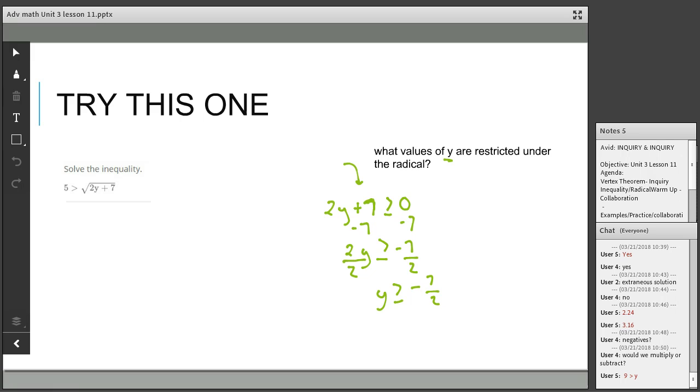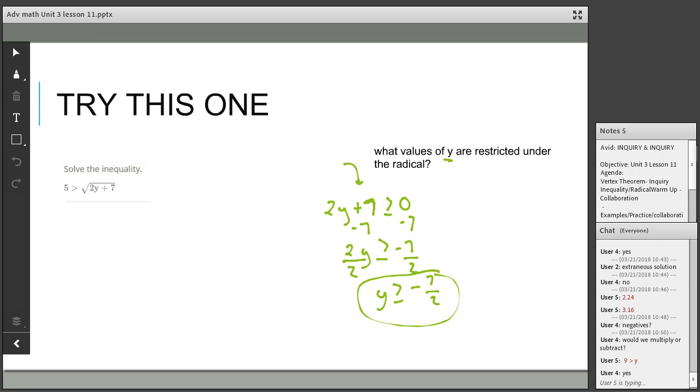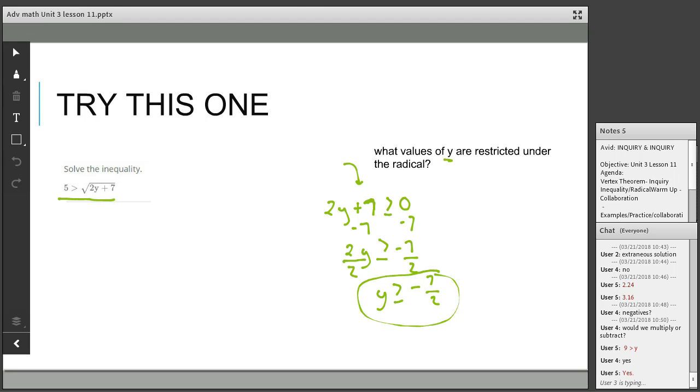We end up with y is greater than or equal to negative 7/2. Does everyone follow how I got that possible interval? So that's one interval that we're going to be testing.